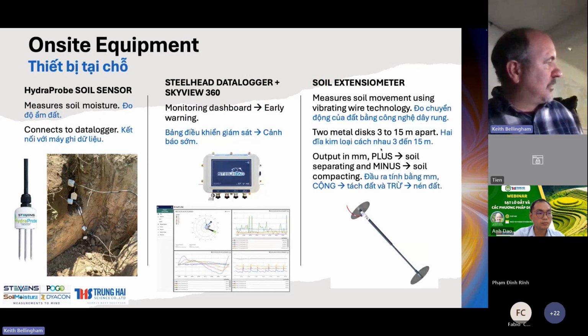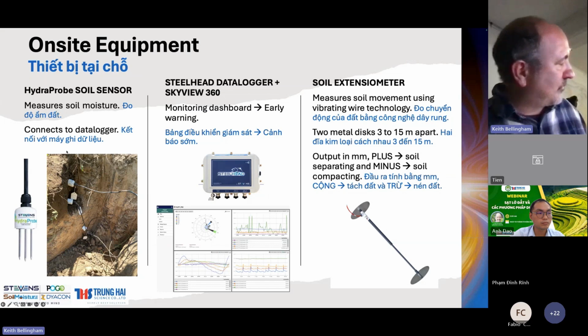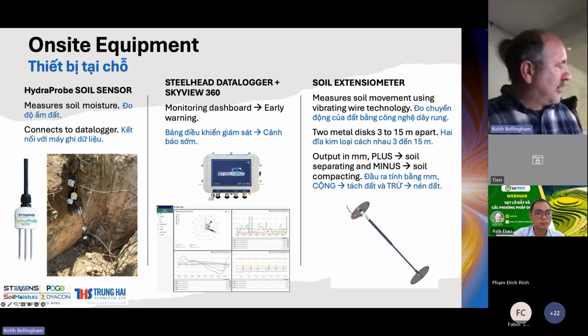The next is the real-time monitoring in the field. For that, we recommend the Stevens Hydroprobe soil sensor, which can be installed in the soil at various depths. It can measure the volumetric water content very accurately and at multiple depths. This can be connected to a data logger.